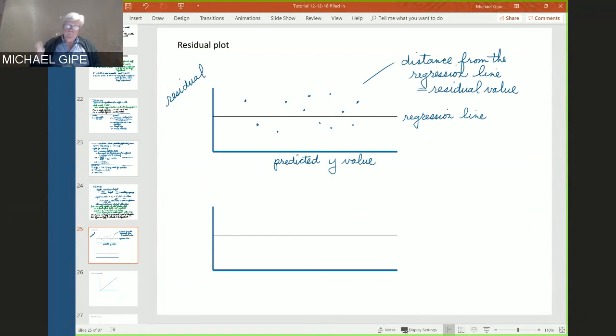The next one that we might want to look at, before I go there, this would be, for example, as I mentioned, a useful tool for looking at something like non-constant variance. So this is an example of heteroscedasticity.